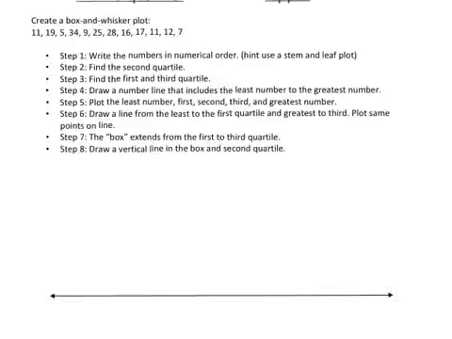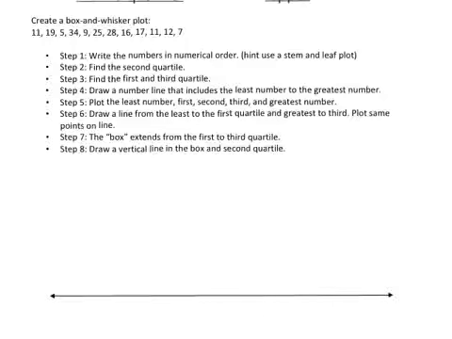Then plot at least the first, second, and third quartiles along with the least number and the greatest number. Draw a line from the first quartile to the third, making the whole box that extends from the first to the third, and draw a vertical line for the second quartile, which we'll show you here in a second.